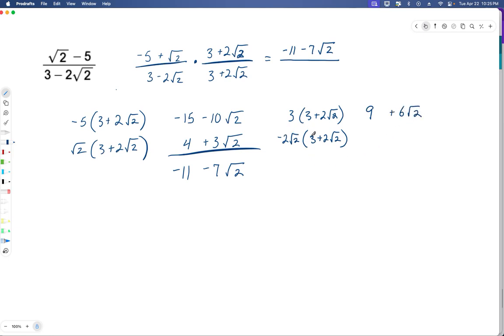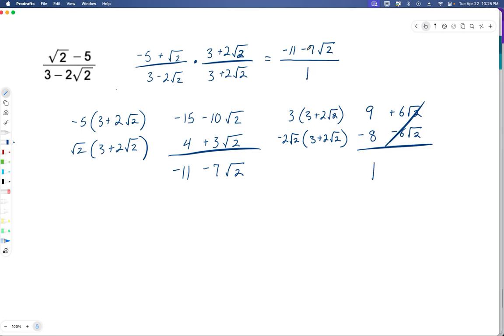Negative 2 times positive 3 is going to be a negative 6 times the square root of 2. Negative 2 times 2, and then we have square root of 2 times square root of 2. So we've got 2 times 2 times 2, and it's negative. So that's going to be a negative 8. These cancel. That becomes a positive 1.